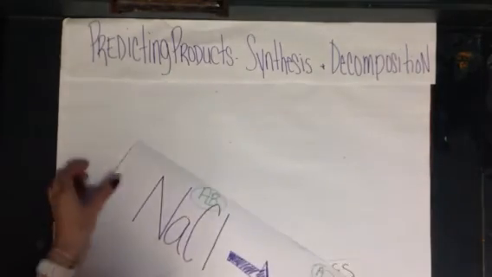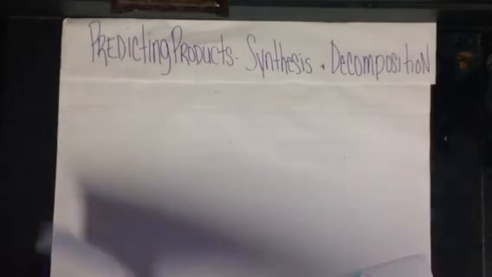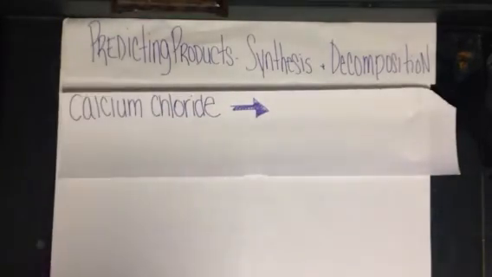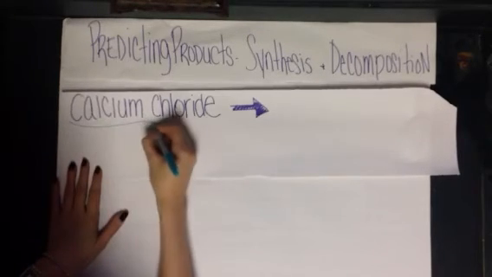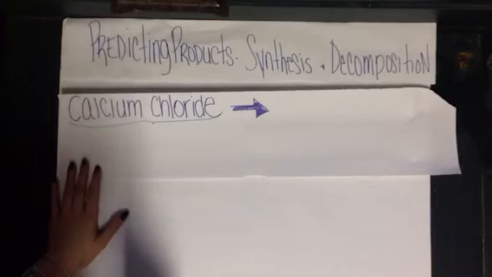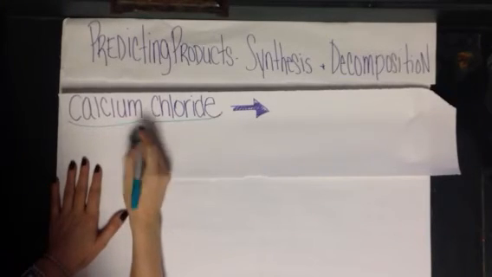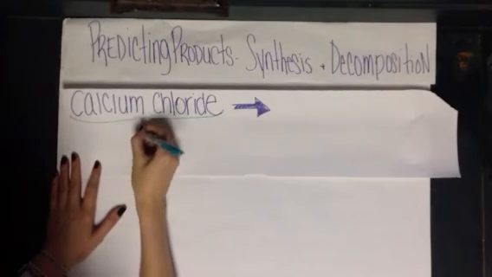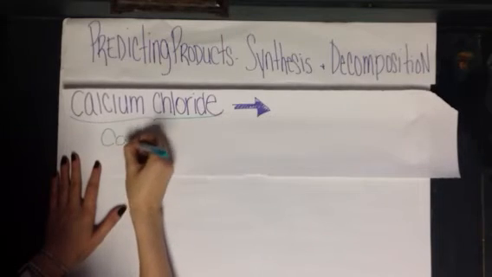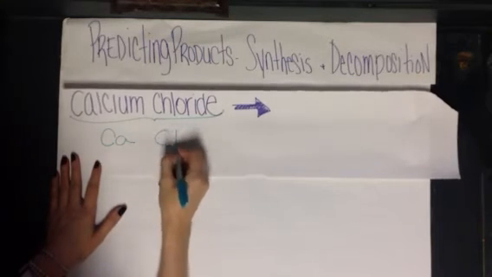Okay, let me go a little bit harder, and this time I'm going to show you the words. Anytime you're given the words, you have to write the formula. Remember our last chapter, when you write a formula, you want to make sure that you use the charges. So let's look up calcium and chlorine.